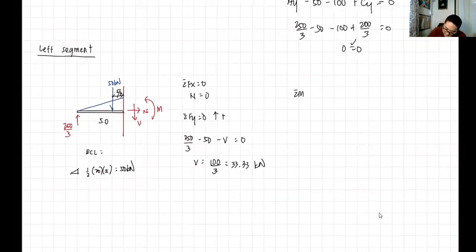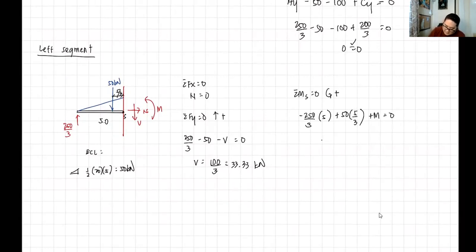Then we have yung moment. Summation of moment at point S na lang tayo. Okay? Is equal to 0. Taking counterclockwise as positive. So minus 250/3 times 5 plus 50 times rotation natin na 5/3. Tapos plus M is equal to 0.